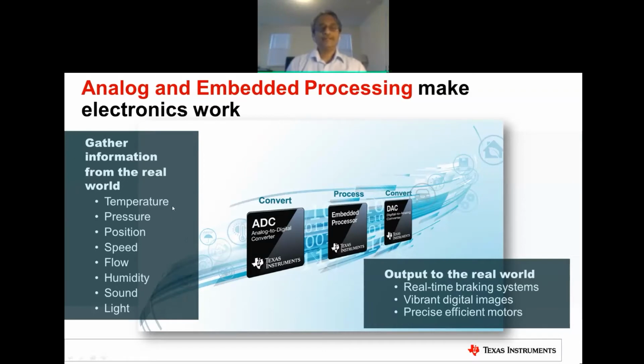The information is all kinds of different forms of sensing, if you will, and then there are actuations and controls at the output. So any electronic system, if you see, will have some form of analog to digital conversion, being able to process that digital data and convert it back to connect to the real world.